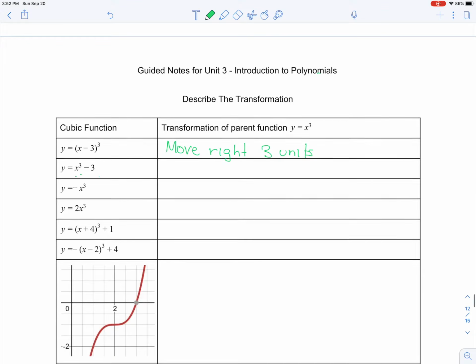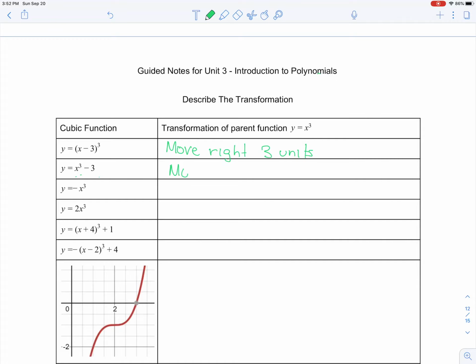With no parentheses, and we just have minus 3, that's going to move it down 3 units. And right now, for a normal cubic function, it has a zero at the origin.